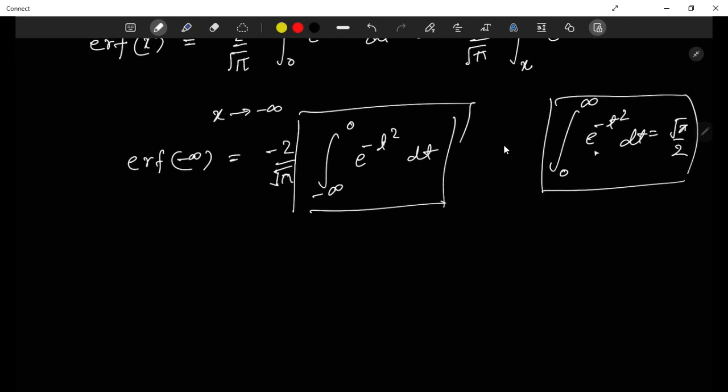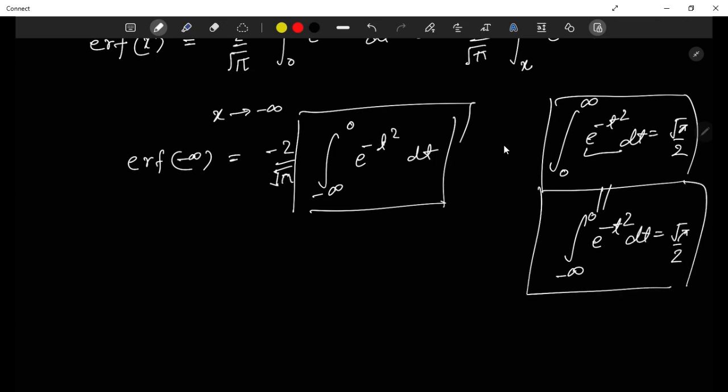correct? And here the integrand is an even function. So if the integrand is an even function, then the integration from minus infinity to 0 will be equal to this integration. So the integral from minus infinity to 0 of e to the power minus t square dt equals root pi by 2. Why is it the case?